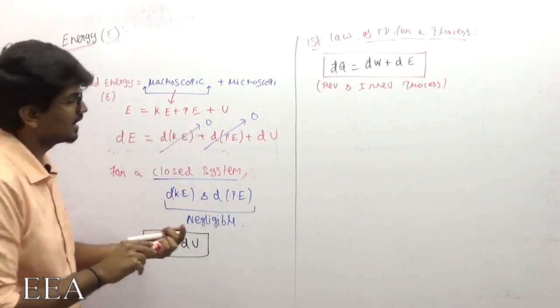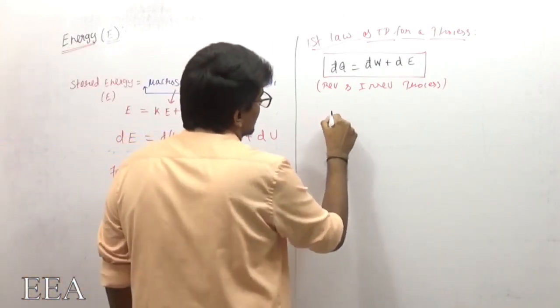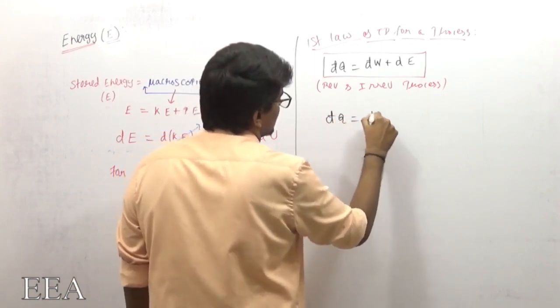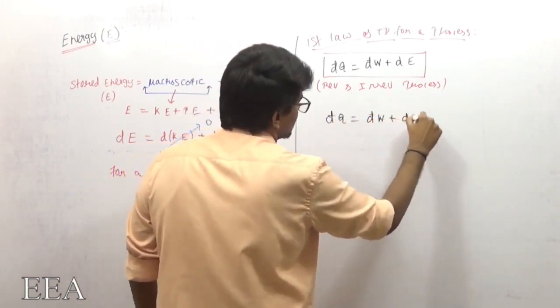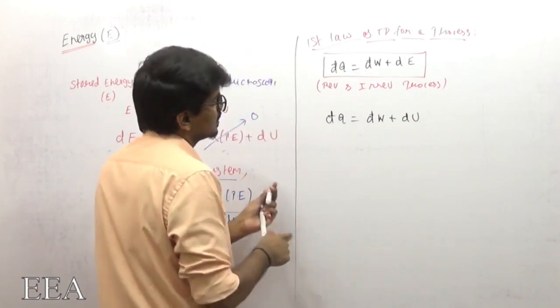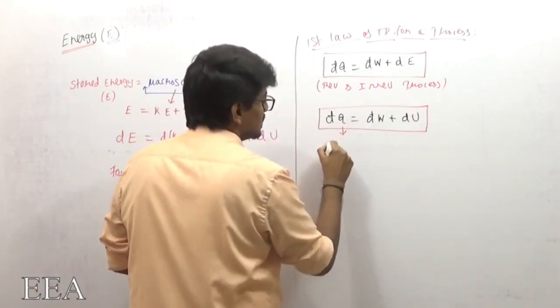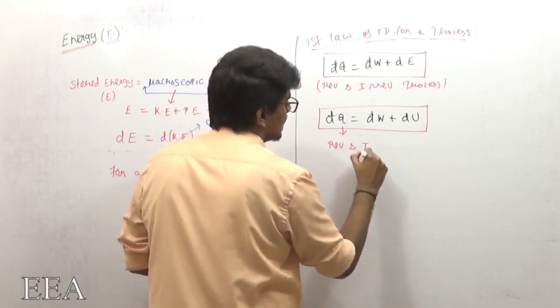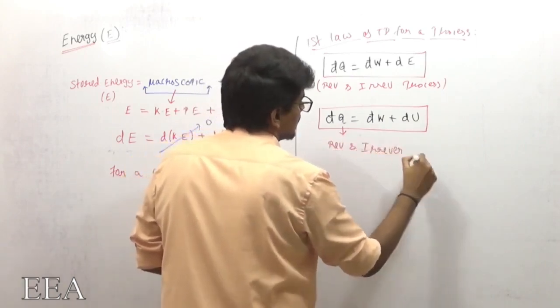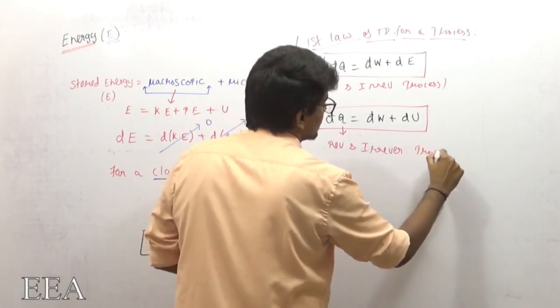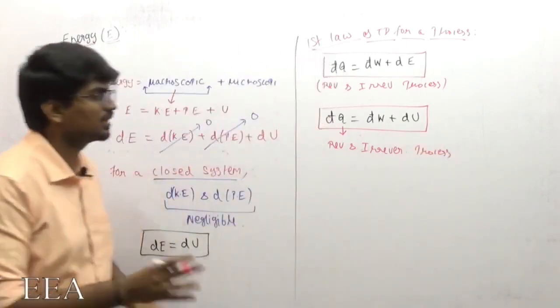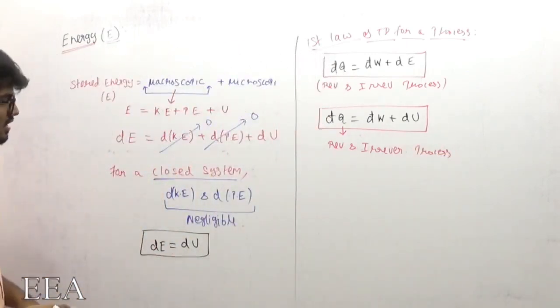If I make it like that, what will happen? δQ will be equal to δW plus dU. What are the assumptions here? Again, this can be applied to both reversible and irreversible processes, because I didn't introduce anything which is going to change the reversibility or irreversibility.